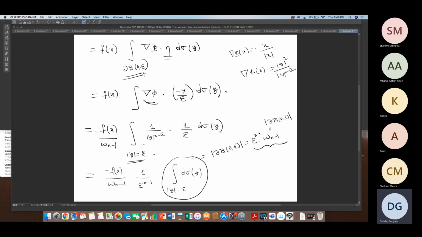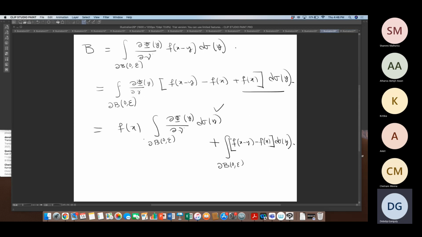This is the surface measure of the sphere, which is ∂B(0,ε), epsilon to the power n minus 1 into w_n minus 1. So this cancels out. You get minus of f of x.